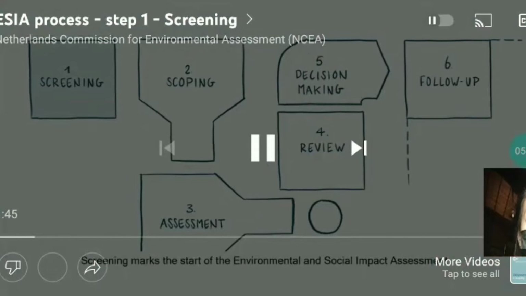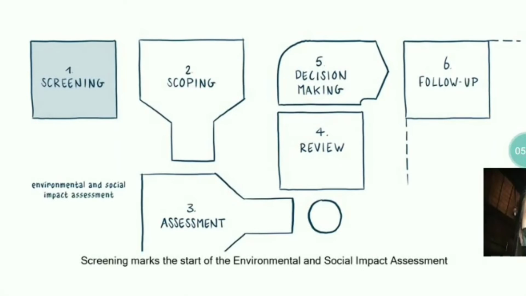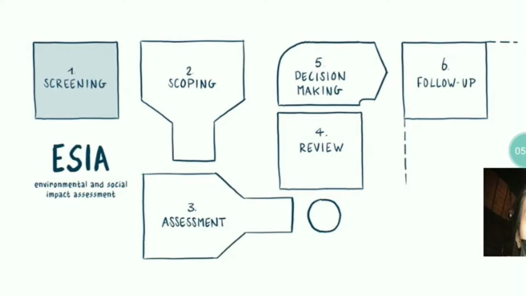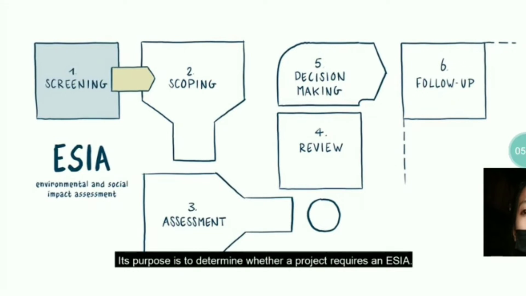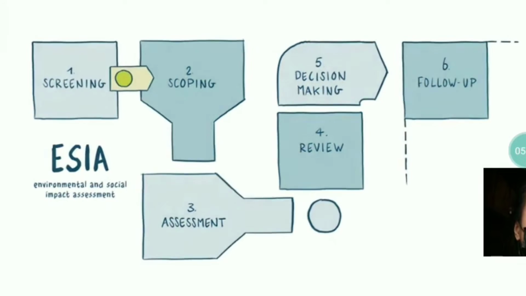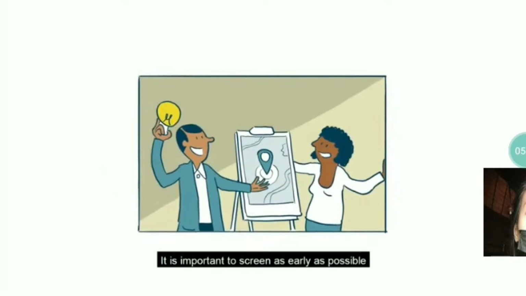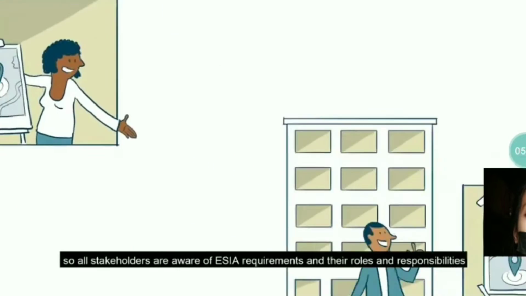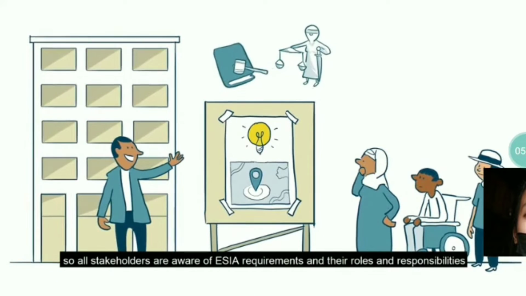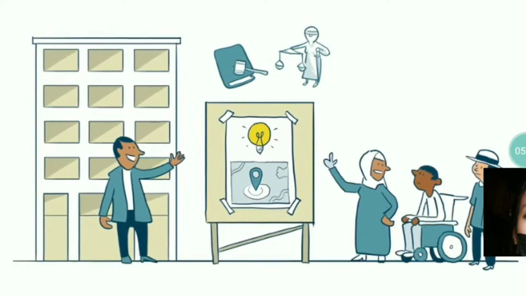Screening marks the start of the Environmental and Social Impact Assessment, or ESIA procedure. Its purpose is to determine whether a project requires an ESIA. It is important to screen as early as possible so all stakeholders are aware of ESIA requirements and their roles and responsibilities.